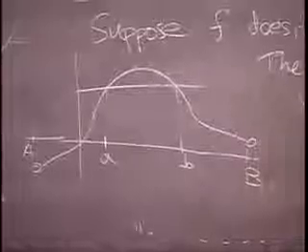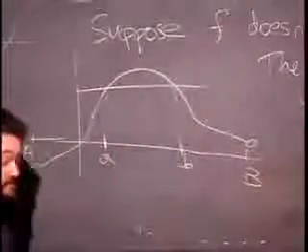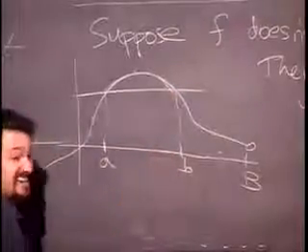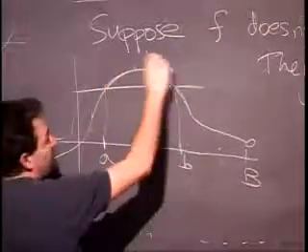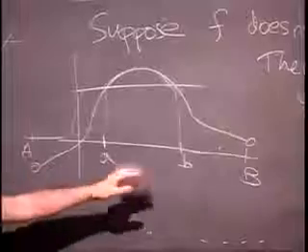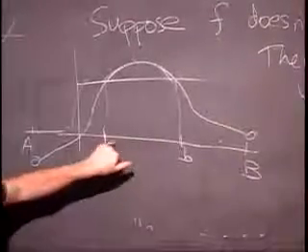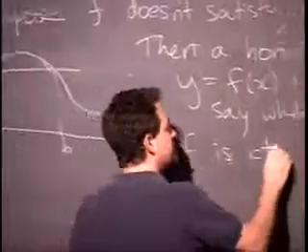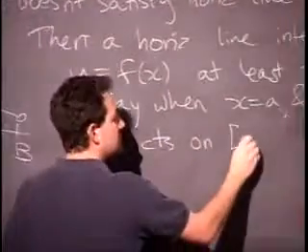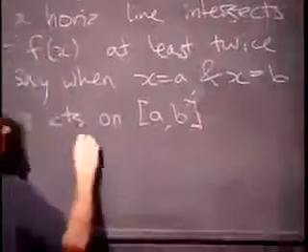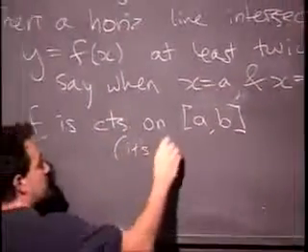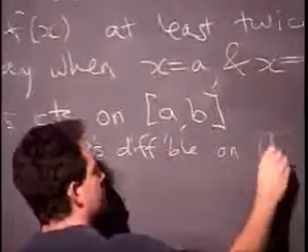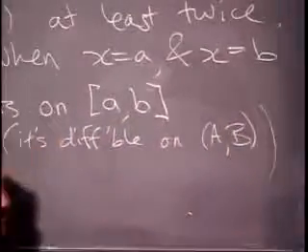So the function is differentiable all over here, so it must be differentiable in between a and b, and it actually must be continuous all the way from a up to b, even at the endpoints a and b. So we know that f is continuous on [a, b], because it's differentiable on an even bigger region, and differentiable functions are continuous.